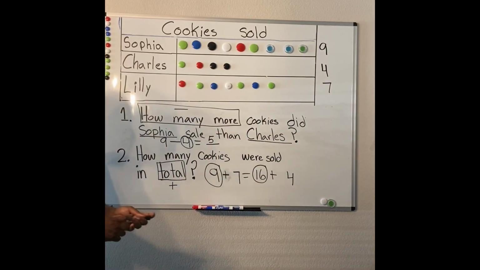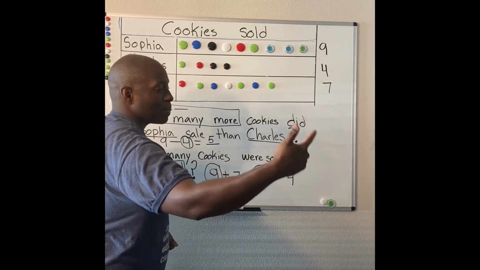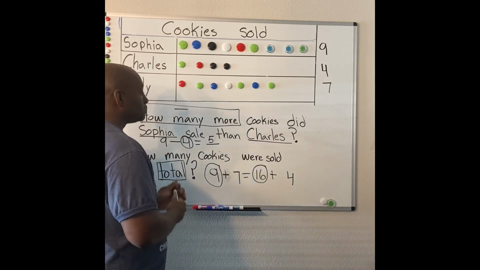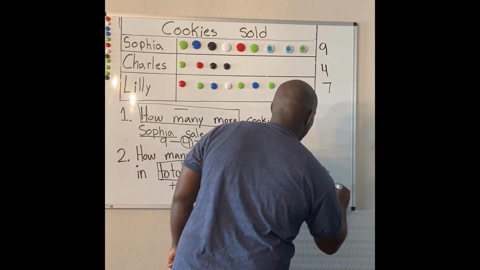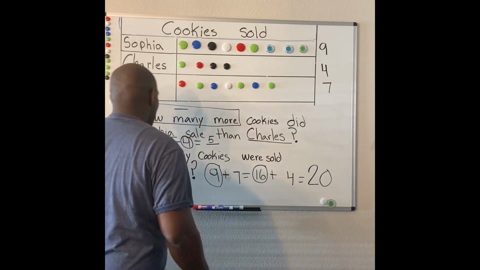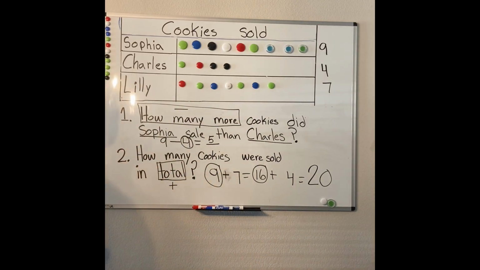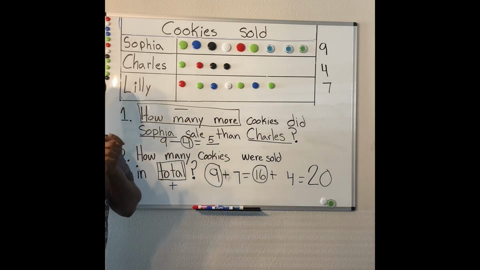Let's hit it at 16. 16, 17, 18, 19, 20. So we'll do a big 20. So how many cookies were sold in total? 20 cookies.